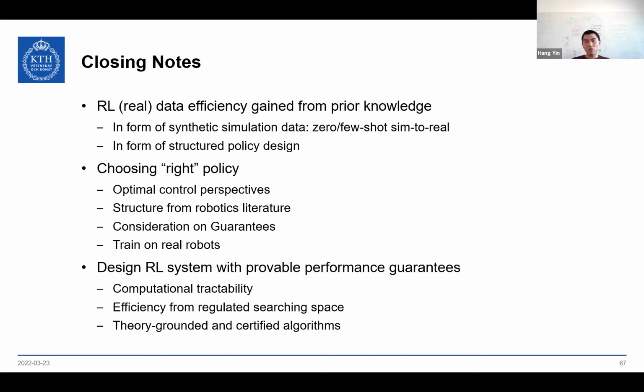We have certain control over it, and we have some theory behind it. So it's not just black box deep reinforcement learning. And we see that sometimes you don't lose efficiency by enforcing such certification.